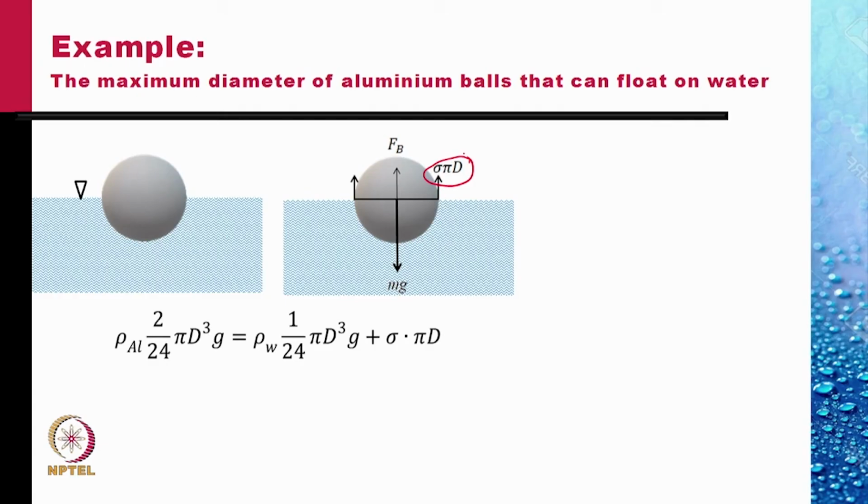So the length we have taken is pi d. And plugging in the values for various quantities, we get d is equal to 6.4 into 10 to the minus 3 meters, or 6.4 millimeter. Not a very small diameter. So aluminum spheres of diameter 6.5 millimeters can float on water if they are carefully launched.